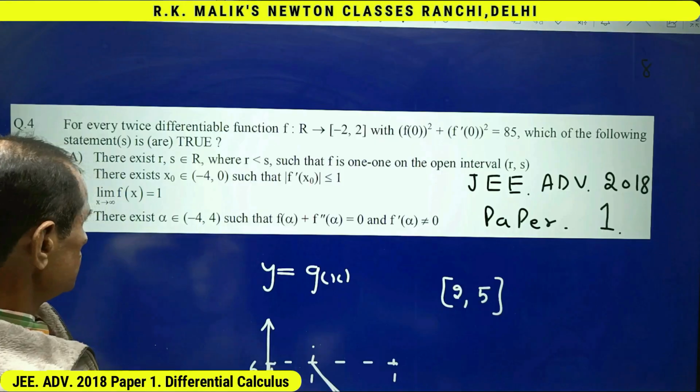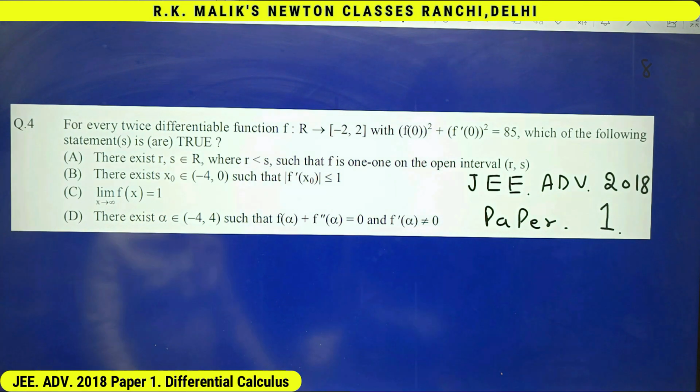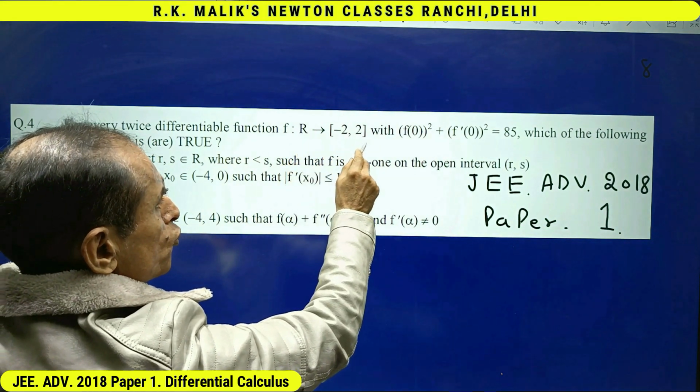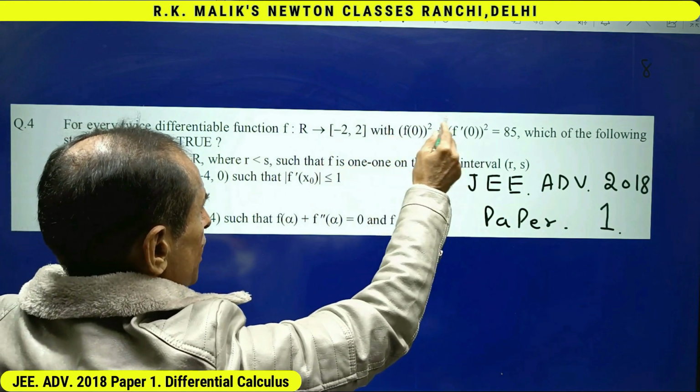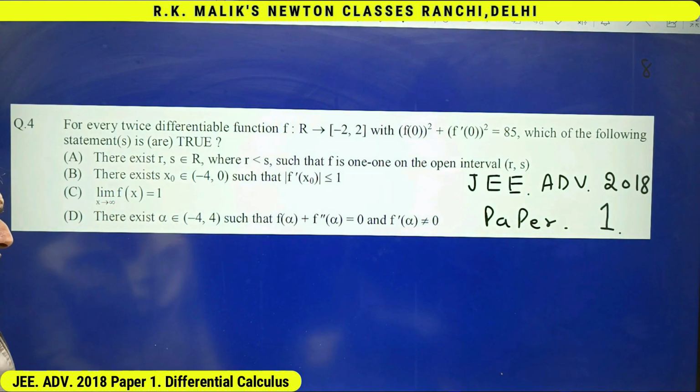C choice is very easy to see that it is wrong because you can easily think of an infinite number of functions for which domain is the set of real numbers, codomain is -2 to 2, and this condition is also satisfied and the limit is not 1.